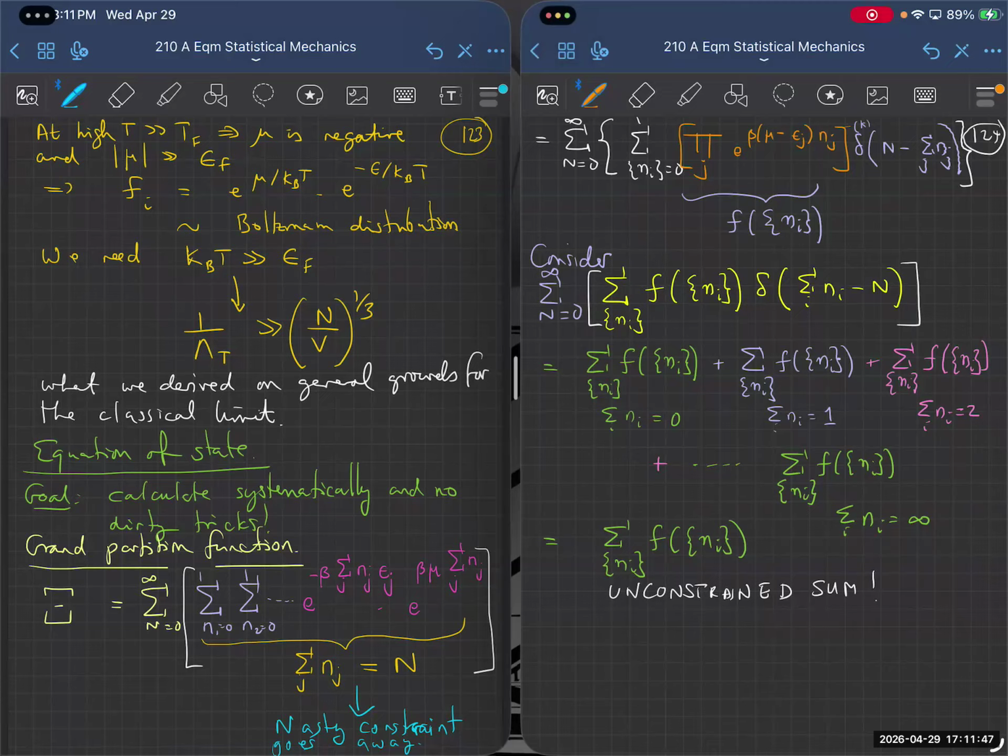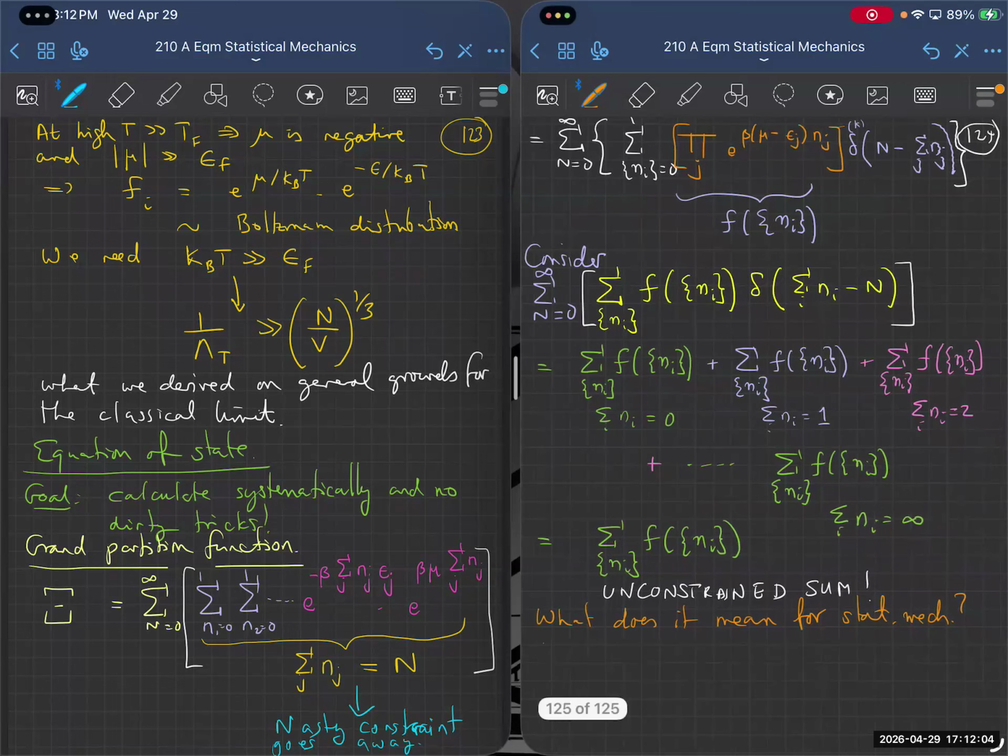So, okay, what does this mean for StatMech? What it means is that when I write down the grand partition function, I don't have to worry about the constraint. I can literally, on the left-hand side here, just cross this out and cross this out, and I just have the sums over the occupation numbers, times the product of the Gibbs factors.